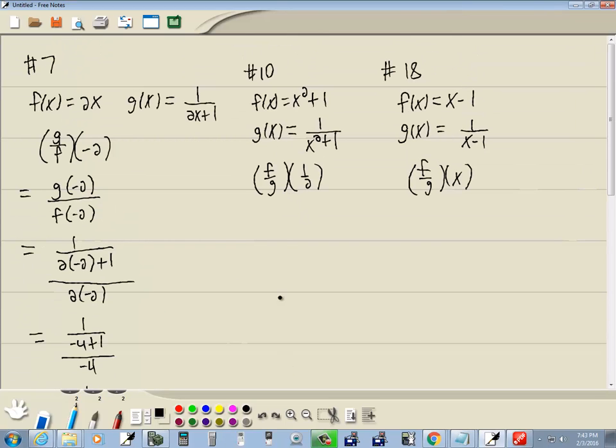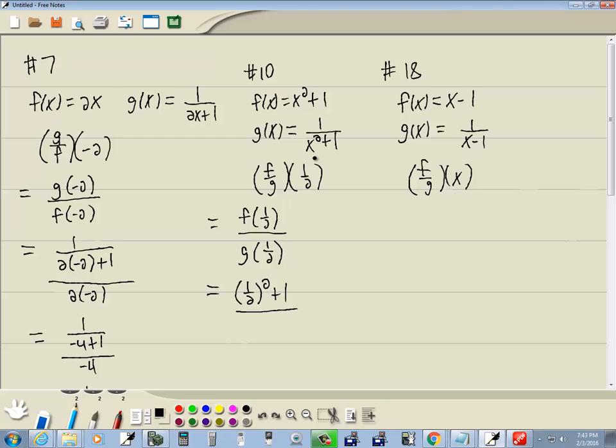Now this one. Now we got f divided by g of 1/2. So we can rewrite this as f of 1/2 divided by g of 1/2. Now this is evaluating a function, so we're going to plug 1/2 in for the x. So we got x squared plus 1 here. So we're going to have 1/2 squared plus 1 over, and then we'll do the same thing here.